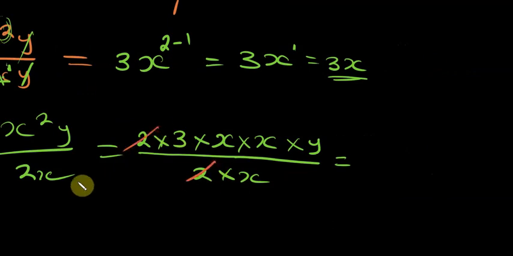2 and 2 are the same, so those cancel each other out. X and x cancel each other out. And what do we have left here? We have 1 left at the bottom.